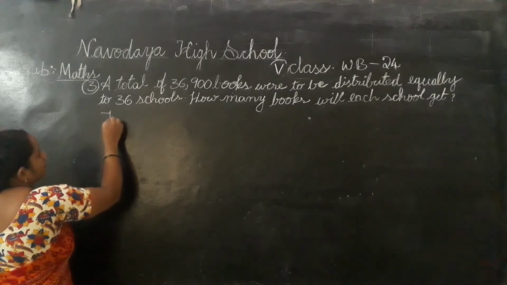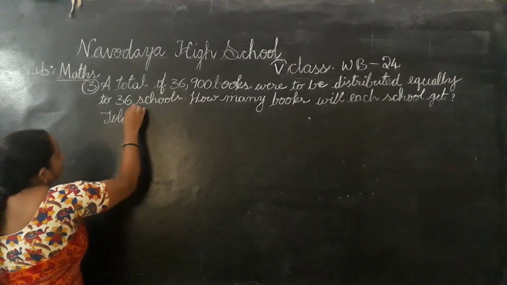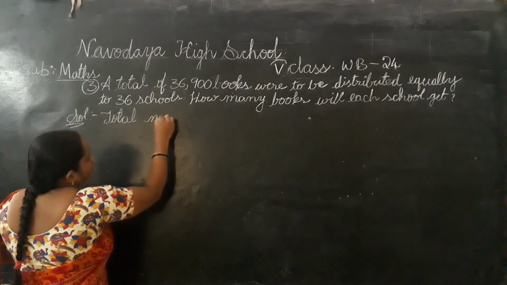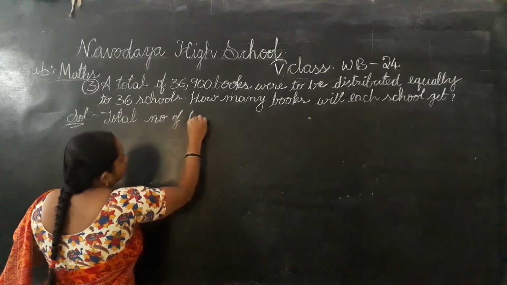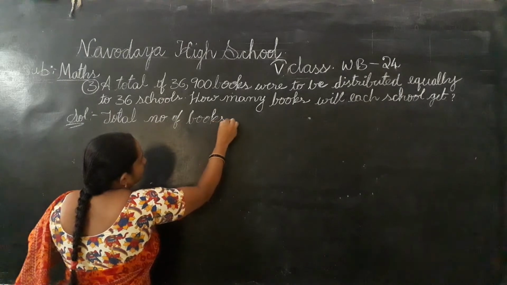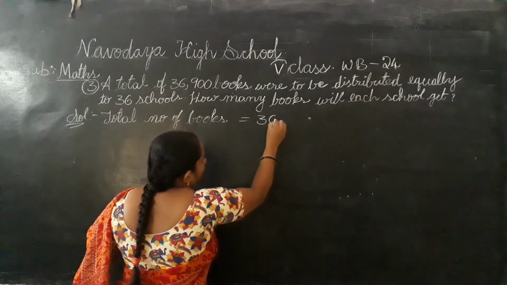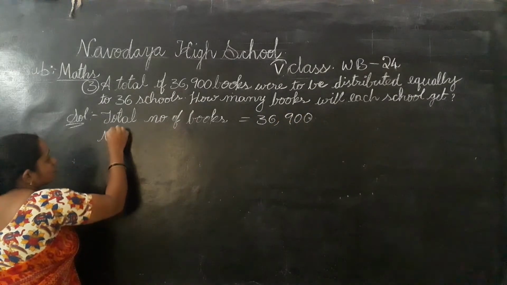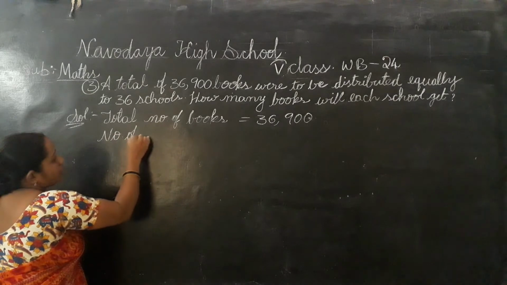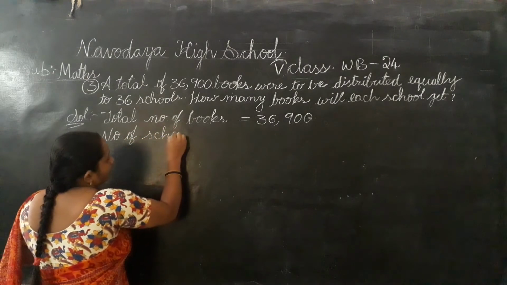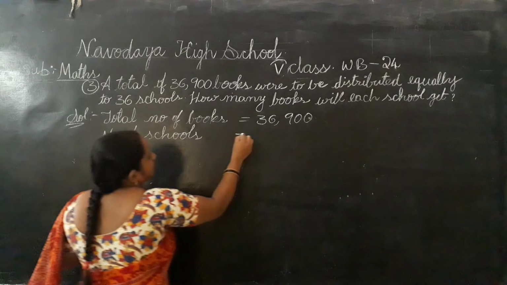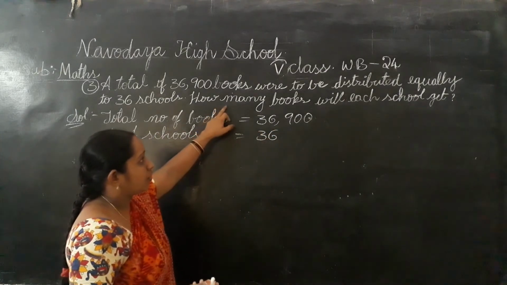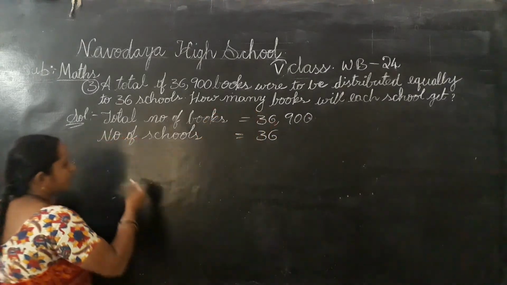Total number of books is 36,900. Number of schools is 36. And what we have to find out here? How many books will each school get?